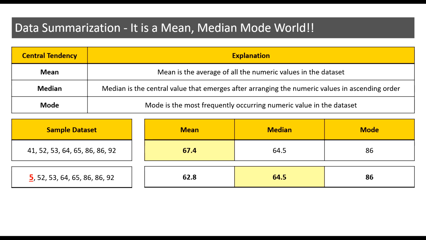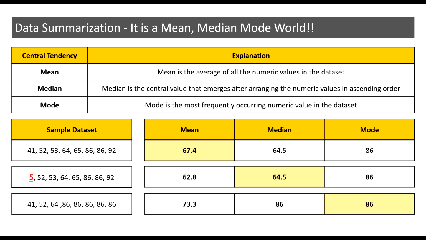This drop is due to that one student who has scored 5% and has underperformed. This student's performance can be deemed as an outlier or a one-off occurrence, in other words, since the mean or the average value is susceptible, or we can even say sensitive, to these kinds of outliers. We will use the median value, which is 64.5, to summarize this particular dataset.